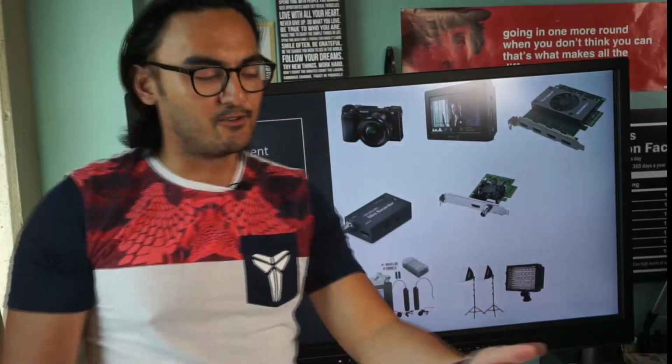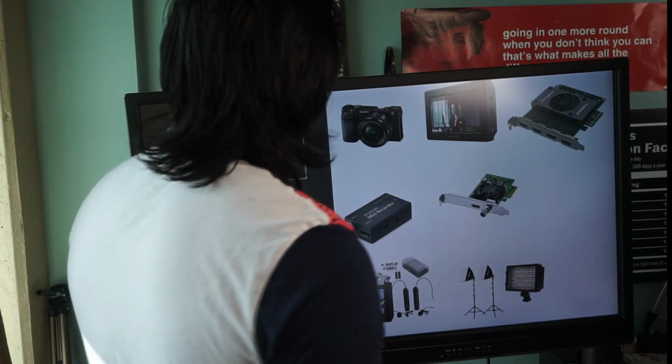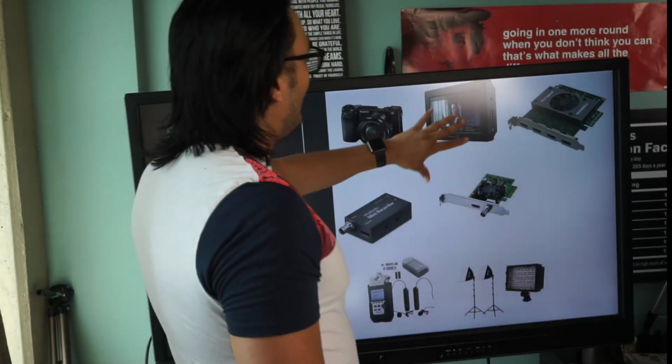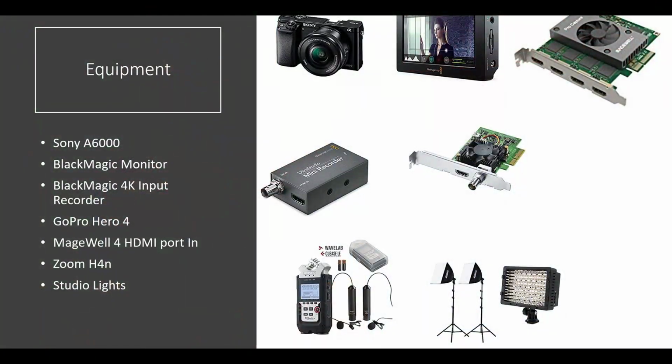But no worries, because I have a Blackmagic monitor device. Another thing you'll find when you start searching for DSLRs is that you can only do 30 minutes at a time, and then the video cuts out. The way around that is you buy the monitor and you can record as long as your battery lasts.